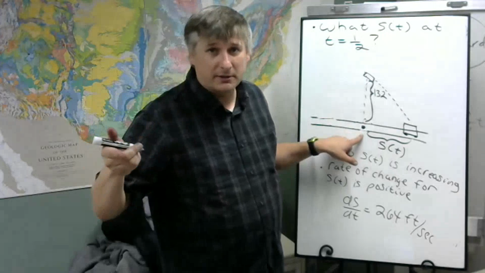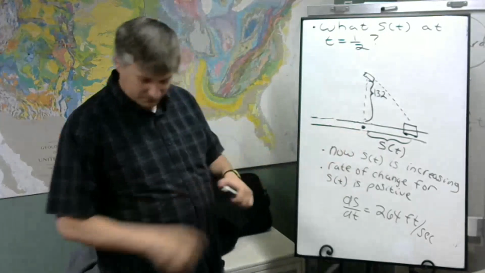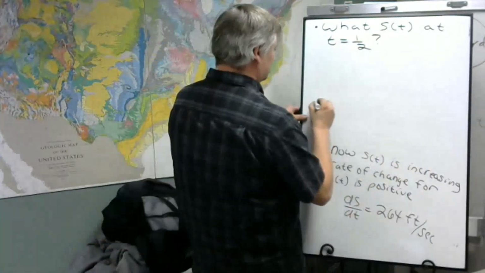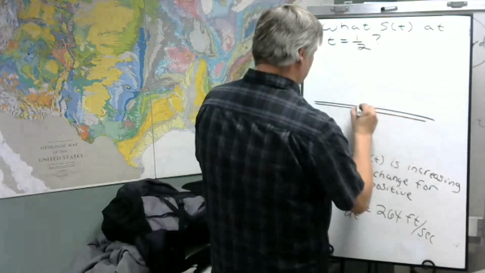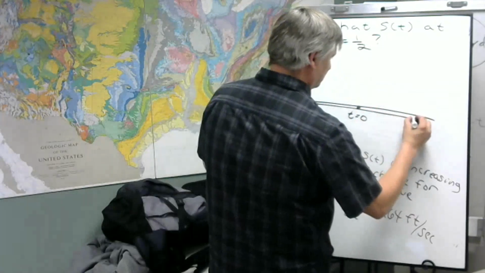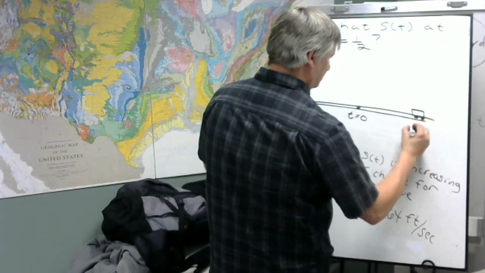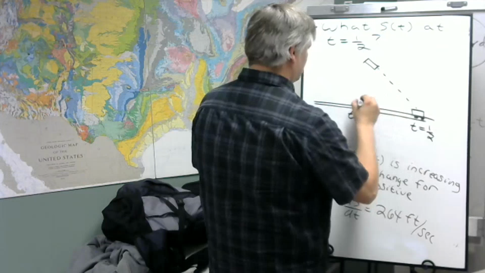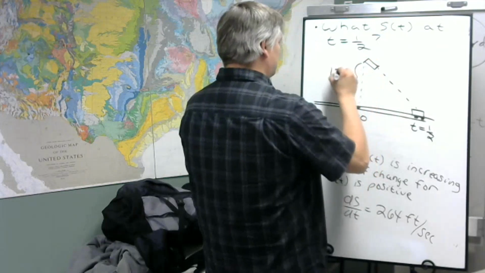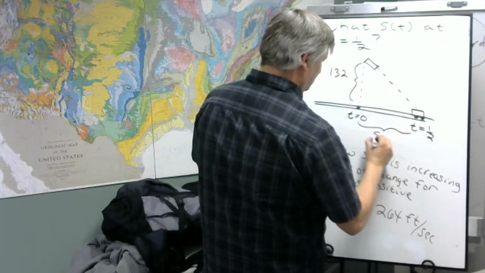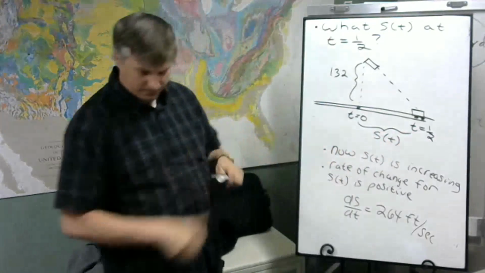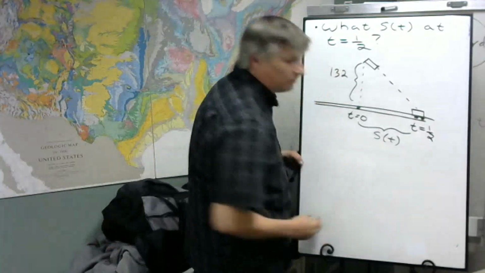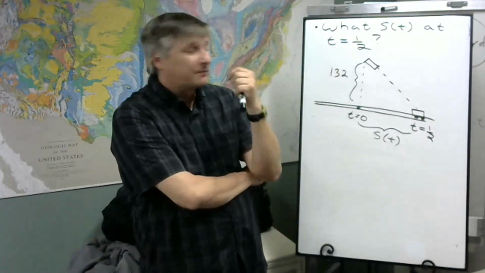If we start our timer over again, we say this is time 0. Could we find s of t for t equals 1/2? It turns out we can.